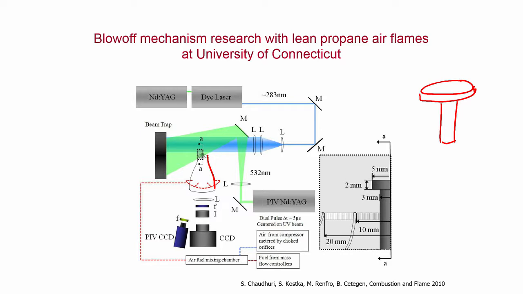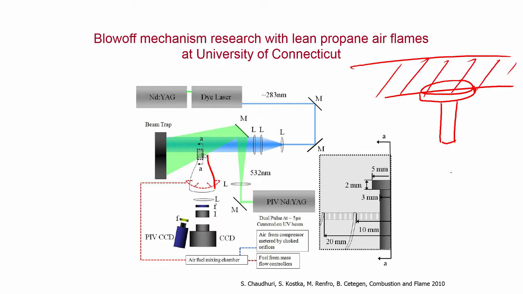Okay. And then of course, you send premixed fuel air mixture into this nozzle after the fuel and air are mixed in a mixing chamber, and then you pass your laser sheet through the mid plane of this bluff body.